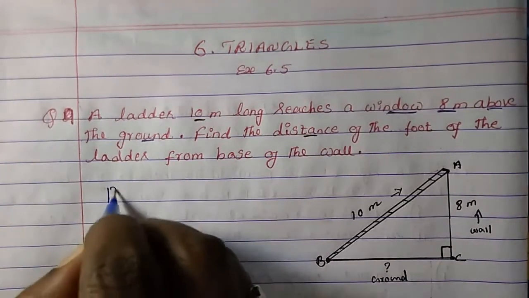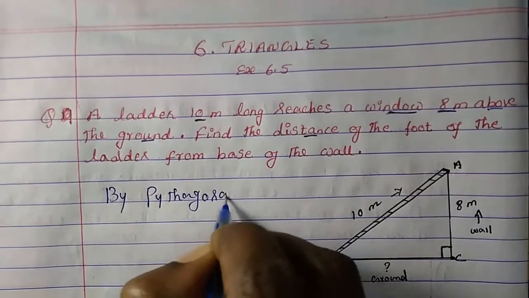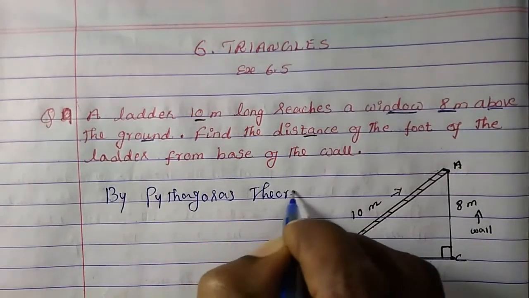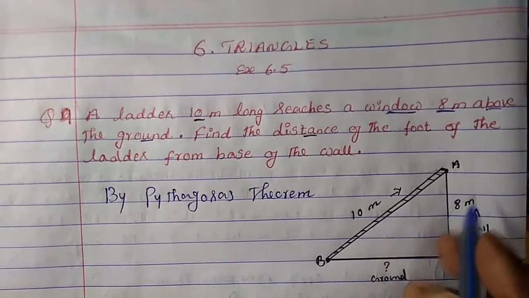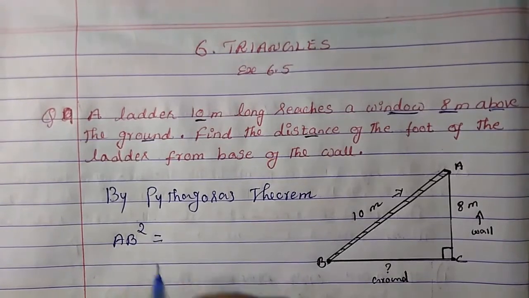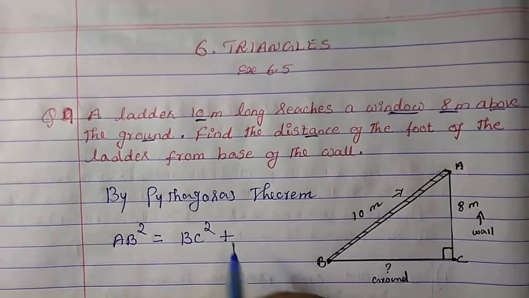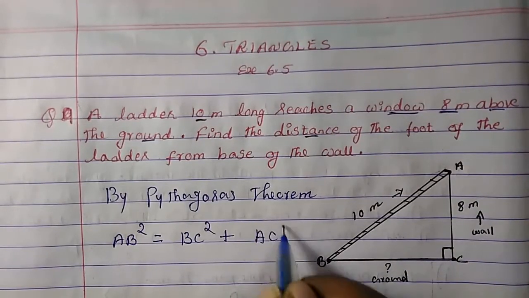By Pythagoras theorem, we can write, this is the hypotenuse, so AB square will be equal to BC square plus AC square.